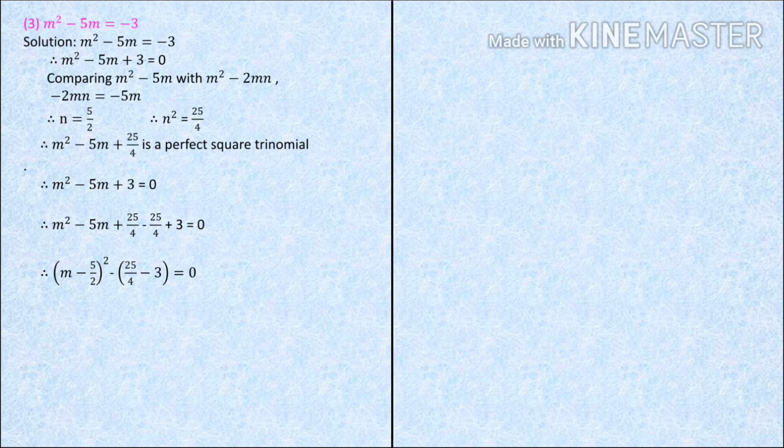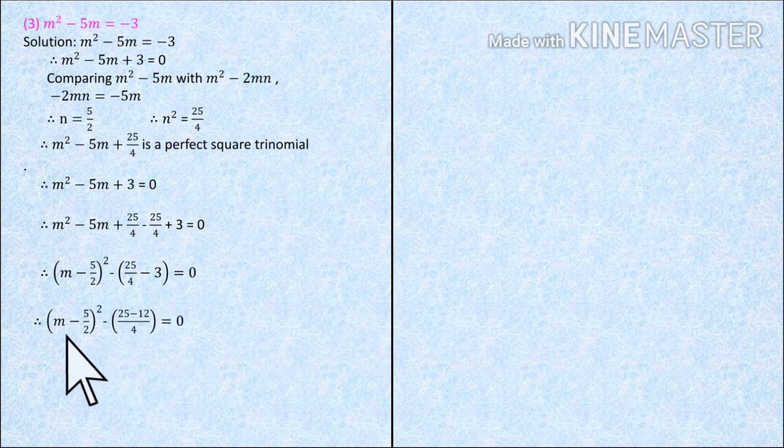Now m square minus 5m plus 25 by 4, this is a perfect square trinomial. We can write the square of that as m minus 5 upon 2 whole bracket square minus 25 upon 4 minus 3. Here the sign of plus 3 becomes minus because outside the bracket a minus sign is there.